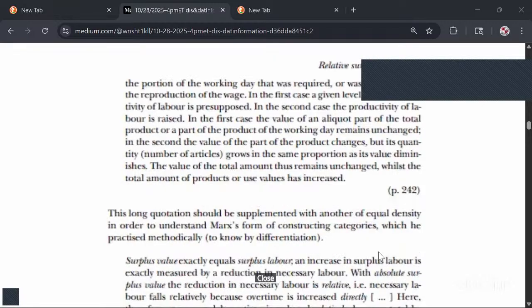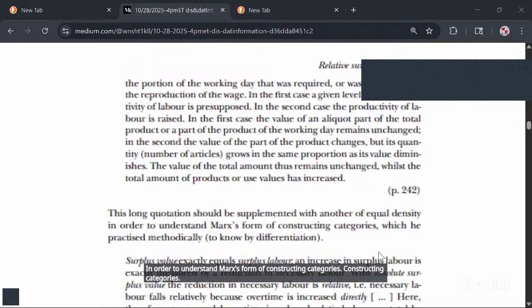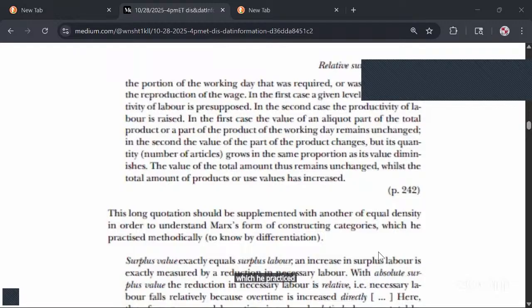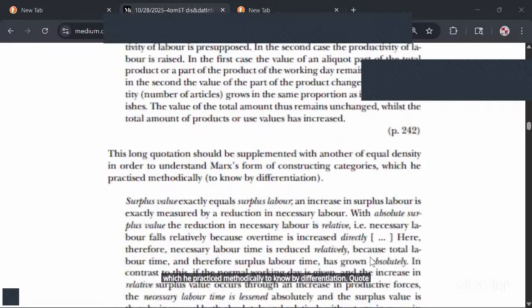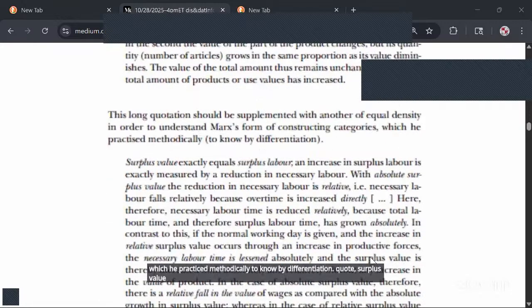Close quote. This long quotation should be supplemented with another of equal density in order to understand Marx's form of constructing categories, which he practiced methodically, to know by differentiation. Quote, surplus value exactly equals surplus labor. An increase in surplus labor is exactly measured by a reduction in necessary labor.